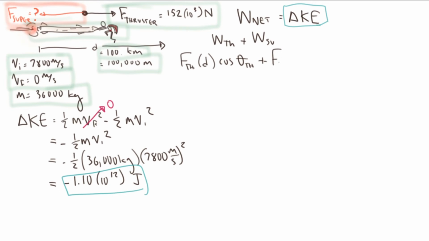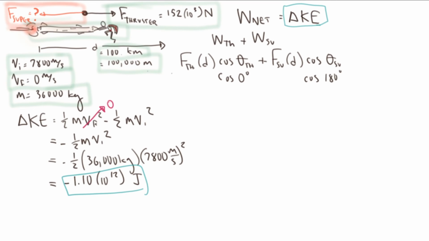And then we have the force of Superman over the same displacement and the cosine of the angle between the Superman force and the displacement. When we look at the picture, the displacement is to the right and the thruster force is to the right. Since they are both pointing in the same direction, that gives us a cosine of 0. The Superman force is pointing to the left and the displacement is to the right. That gives us an angle of 180 degrees.